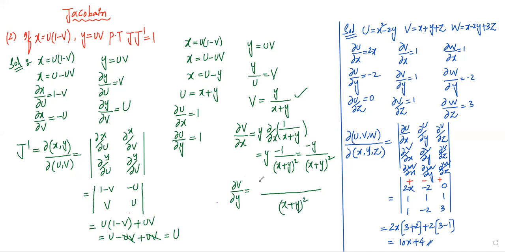V here means x plus y, into dou y of y, minus y as it is, dou y of x plus y.